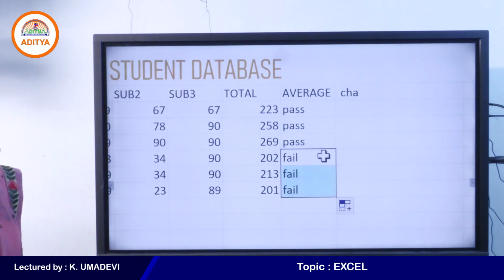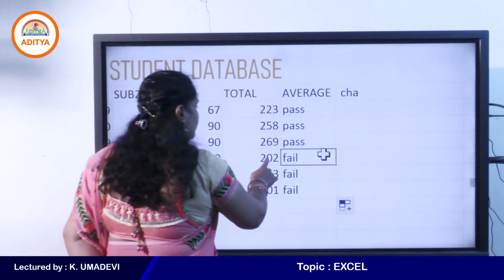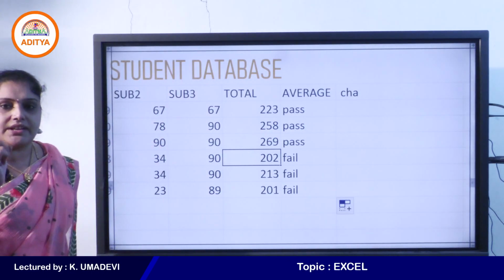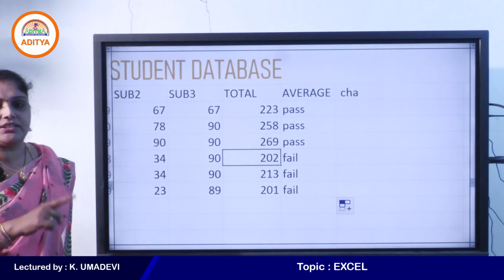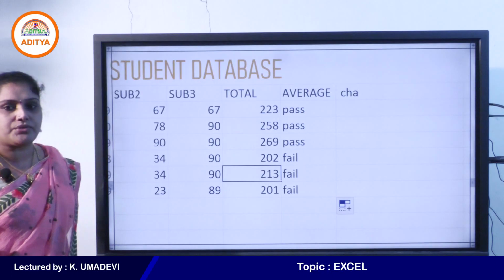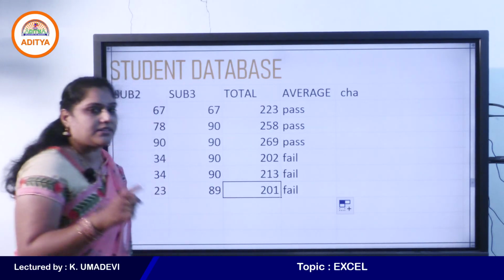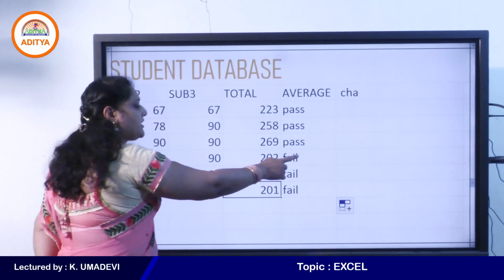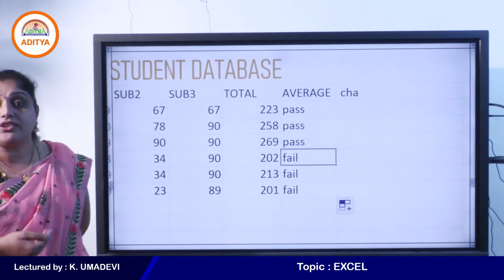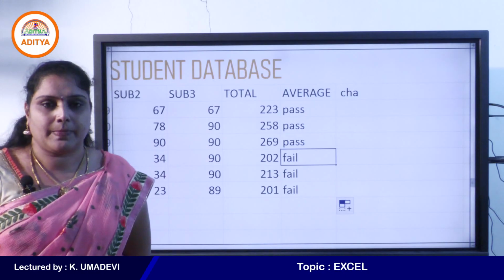Why? Because here 202 is there. See, 202 is not greater than 220, so the condition is false. Then if function returns the second value, that is I have written fail. Next 213 is not greater than 220, 201 is not greater than 220, right? So like this we can print our own values based on the condition using if function.